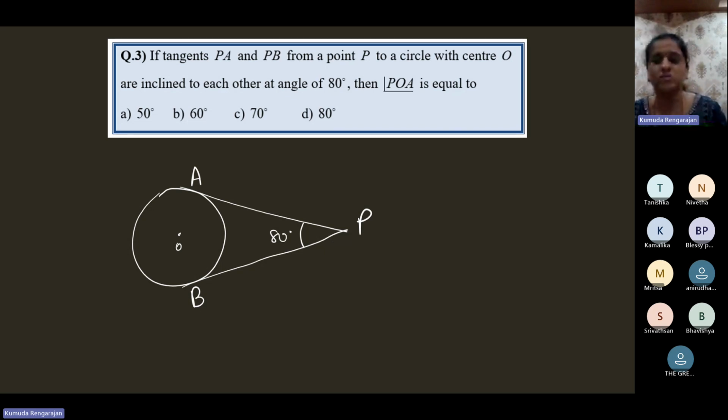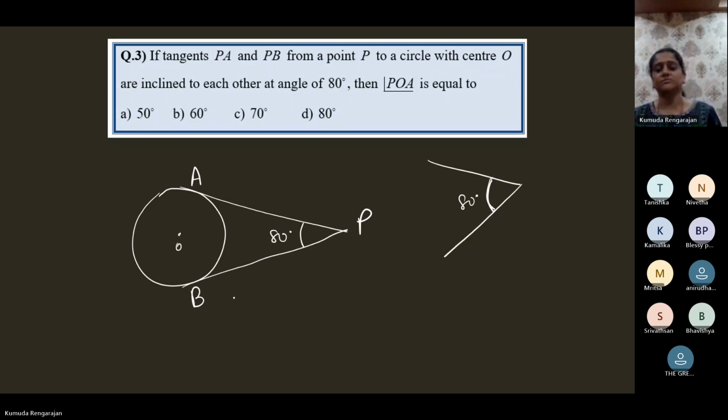That means the angle between the two tangents is 80 degrees. This is one tangent, this is the other tangent. The angle between the two tangents is 80 degrees.